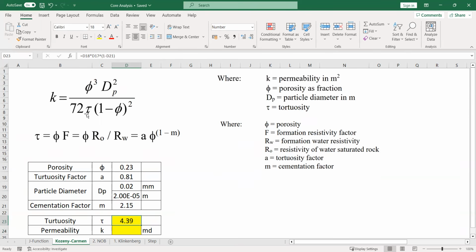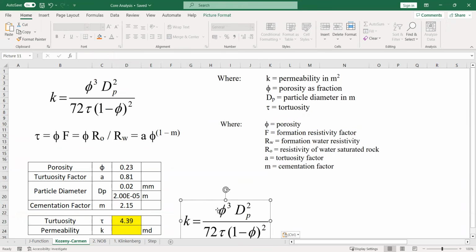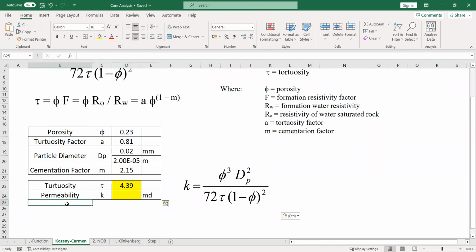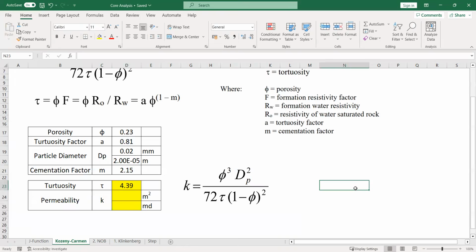And then simply we can calculate the permeability with this. But be careful, this permeability is in meter squared. So I'm going to do this. This is mD and this is meter squared.